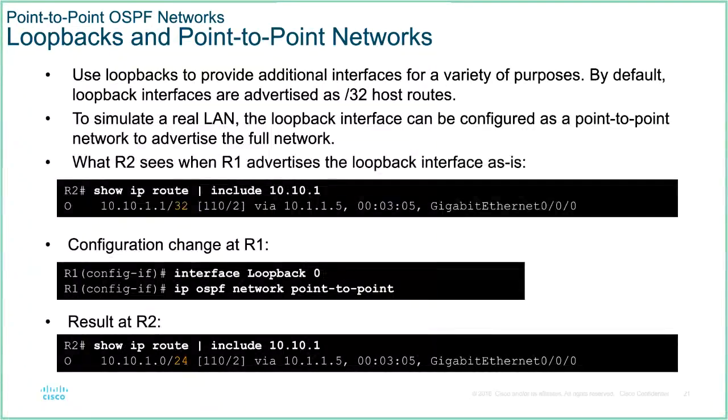So when we want to use loopbacks to simulate more networks, we go in there and use the network point-to-point command, and that will advertise that loopback interface with the configured subnet that was used when we put in the IP address. So that means all the addresses in that range are now valid, and you'll get a ping response from those.